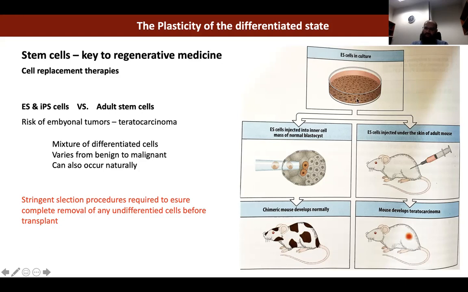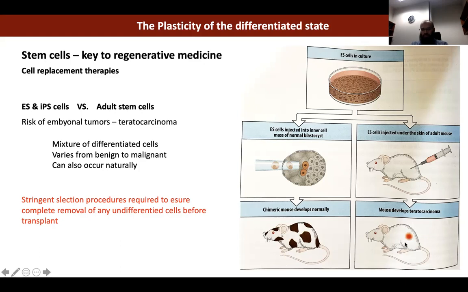Judging by the color, you can see they are from a different strain. So it has properties of both kinds of cells. But when these embryonic stem cells are injected into the skin of the adult mouse, they lead to the formation of teratocarcinomas or teratomas.